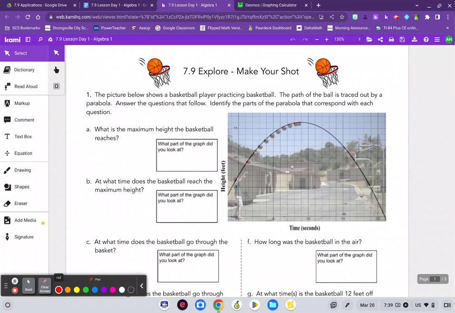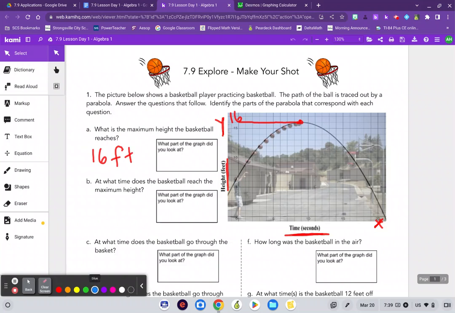First of all, it looks like the x-axis has time in seconds, so I'm going to label that x. And the y-axis is height in feet. My height, I'm looking at the y value. It looks to me like the highest the basketball goes is this point here. If I trace that back, these are going by ones, this would be at 16. So 16, my label would be feet.